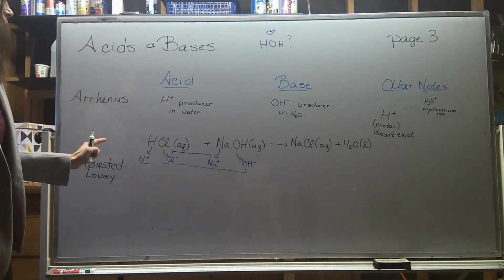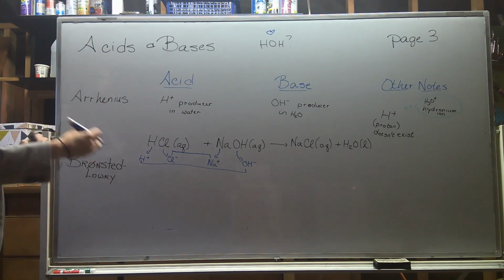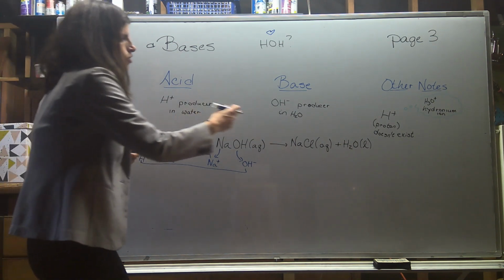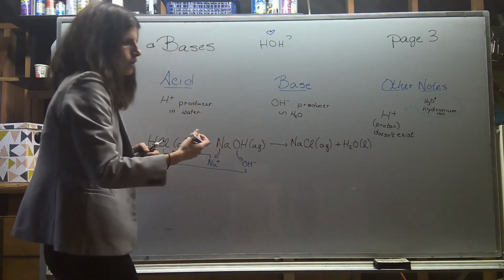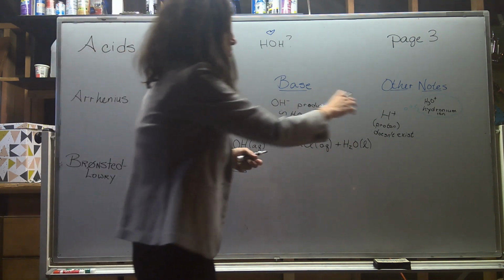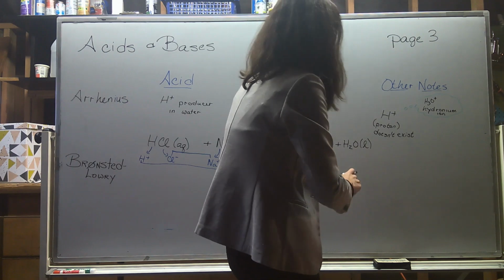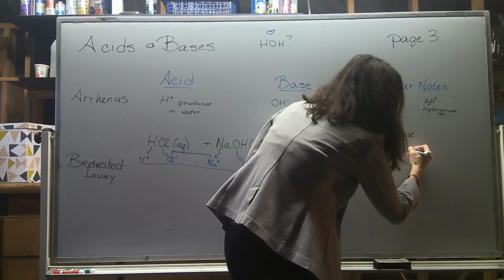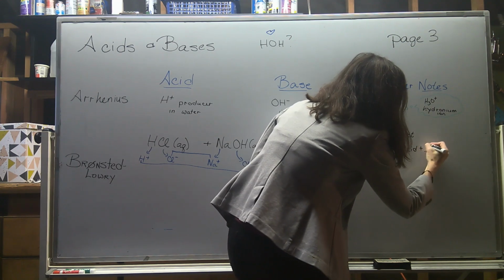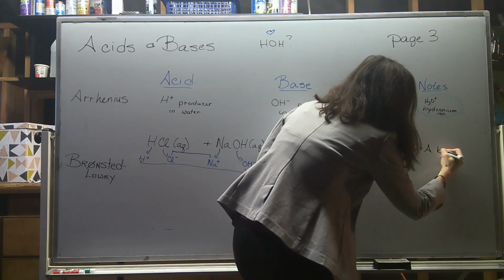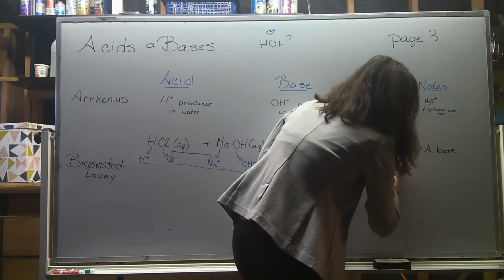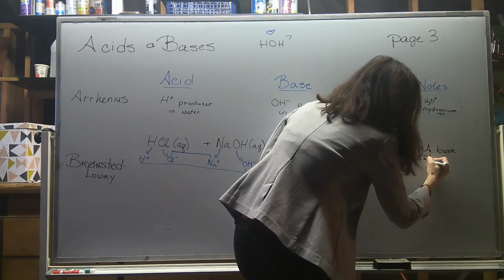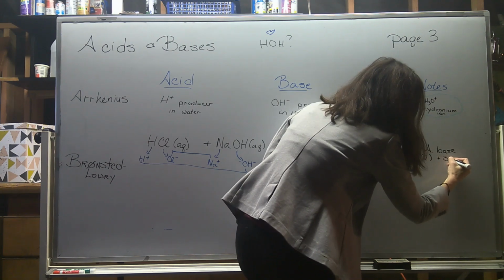All right, so this is going to be the trend for any Arrhenius acid and any Arrhenius base. They're always going to produce water when you mix them together. So under other notes, I usually put that an Arrhenius acid plus an Arrhenius base will produce water and some kind of salt.